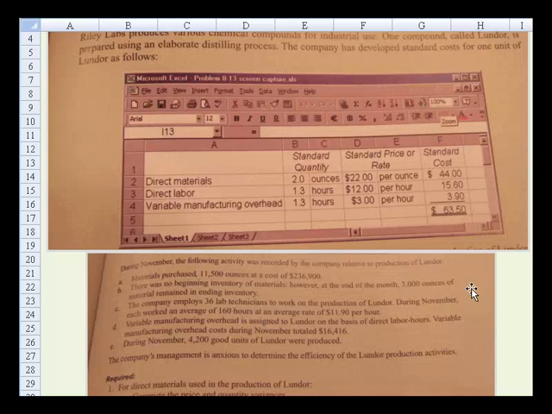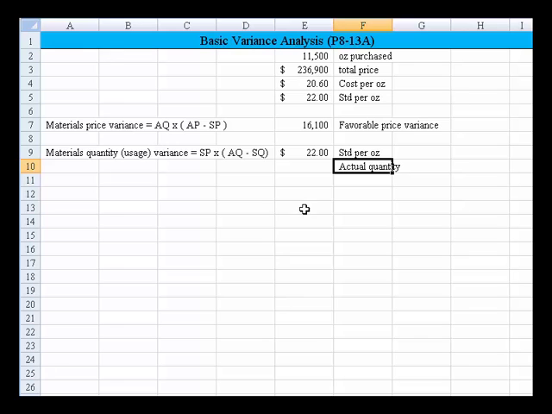They tell us to the left of my mouse in item B, it says there was no beginning inventory of materials, but at the end of the month 3,000 ounces remained in ending inventory. So if we purchased 11,500 and had 3,000 at the end, then 11,500 less 3,000 gets us to 8,500 of the actual ounces used. So let's drop that in, which was 11,500 less the 3,000, or 8,500 actual quantity used.